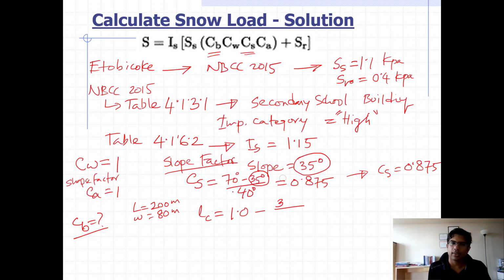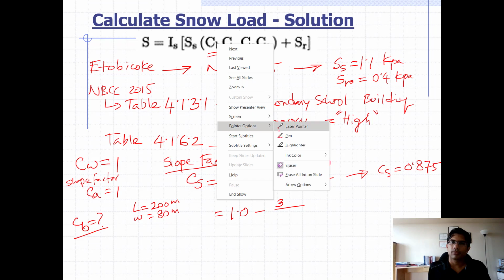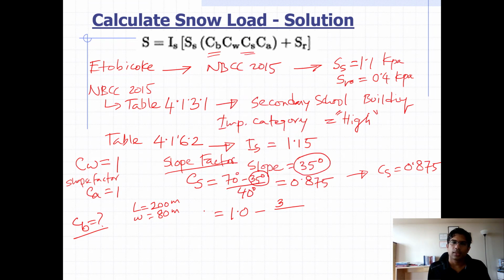So this is the equation of CB: 1 minus 30 by LC, the whole thing squared. That is the equation for CB. And for that, we need to calculate LC. How can I calculate LC?